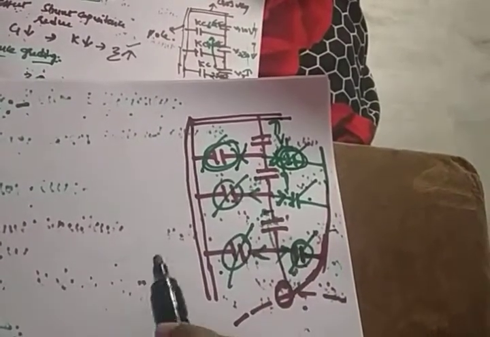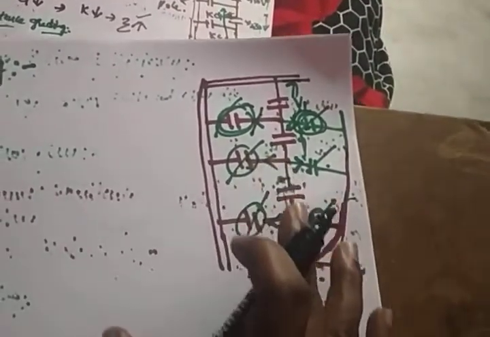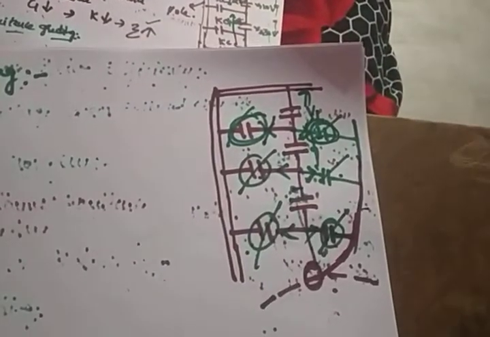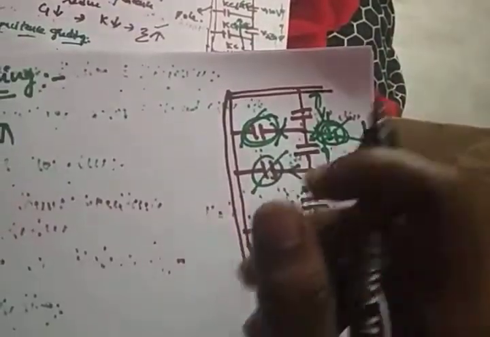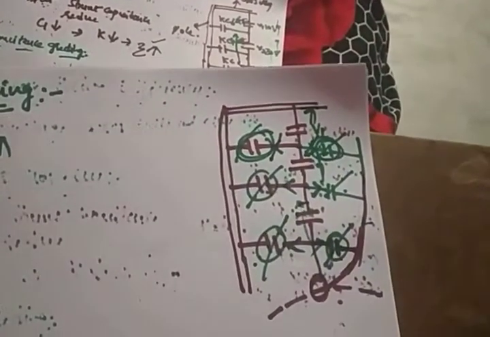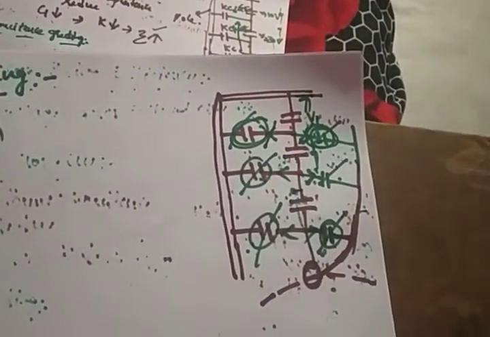By this processing, you are just eliminating, removing the shunt capacitance. If you are removing the shunt capacitance, the current that flows through the string is uniform. If the current is constant, the voltage across each and every disk is a uniform voltage. So you are providing uniform voltage, and what about the string efficiency? Your string efficiency is going to increase.